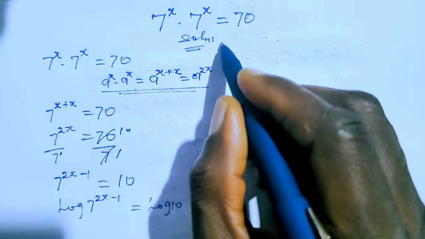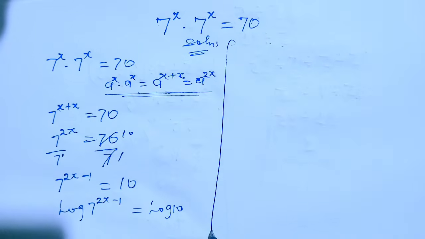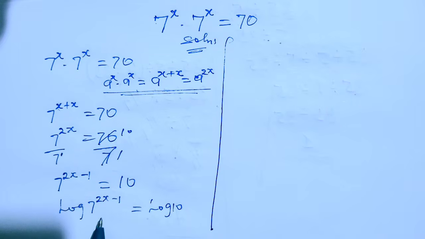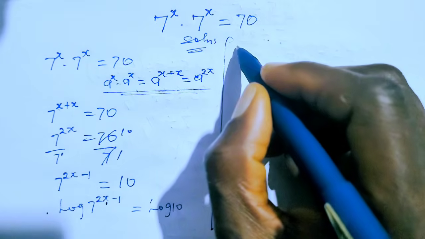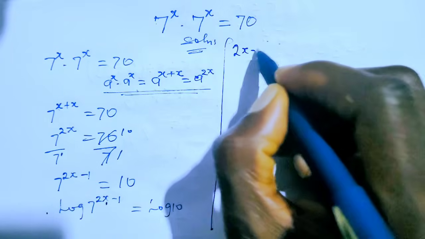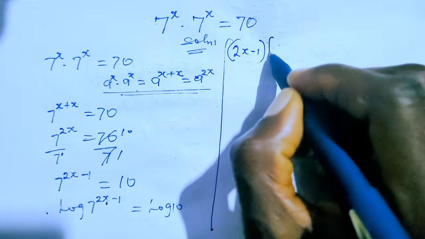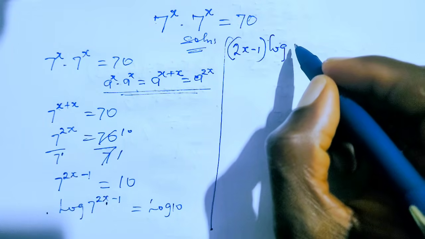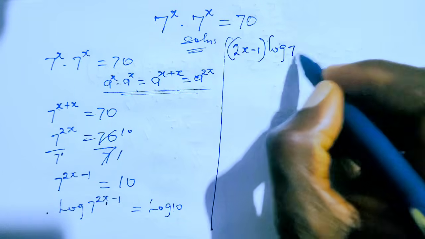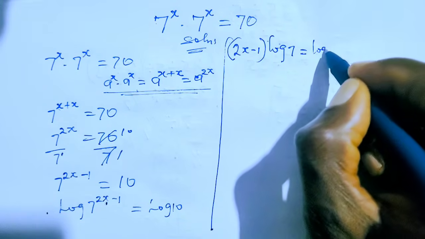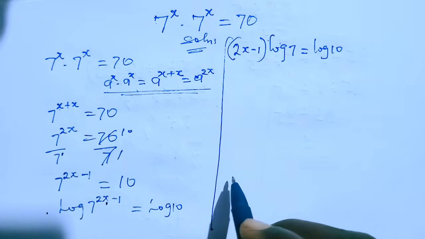And at this point, we are going to apply the power rule here. We are going to return this power to the front of the log, and the equation becomes 2x minus 1 log 7 equals log 10.